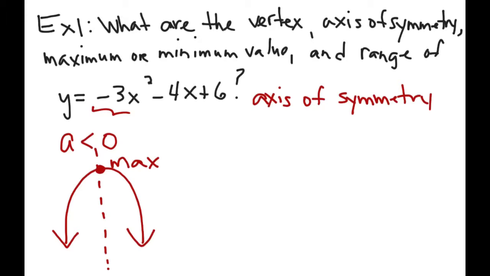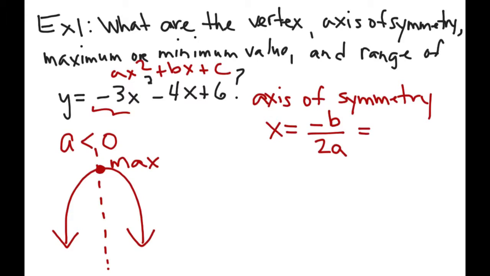There's this little formula for finding the line equation for the axis of symmetry, and it's x equals the opposite of b over 2a. Well, if this is ax squared plus bx plus c, then b must be negative 4.